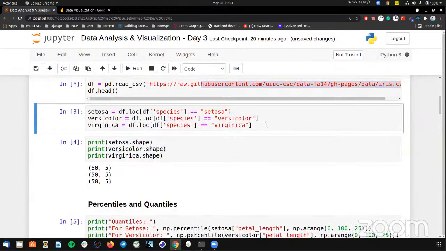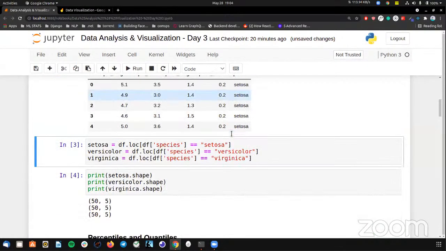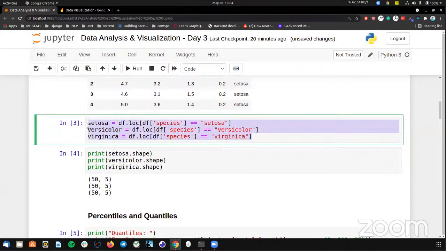What I am doing right now is extracting each species' values. Species equal to Setosa is basically an equality operator, so wherever I find the species equal to Setosa, it will take only those values. Same for versicolor and virginica.